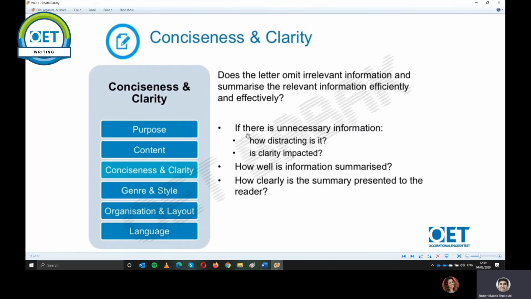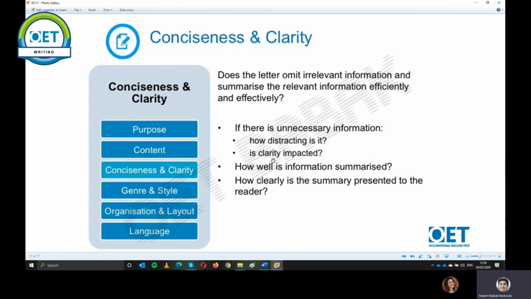So these are the negative marks. If you have unnecessary information, you will lose marks anyway. But you will lose marks more if it is very distracting. It means that your key information is lost, or the clarity is impacted.